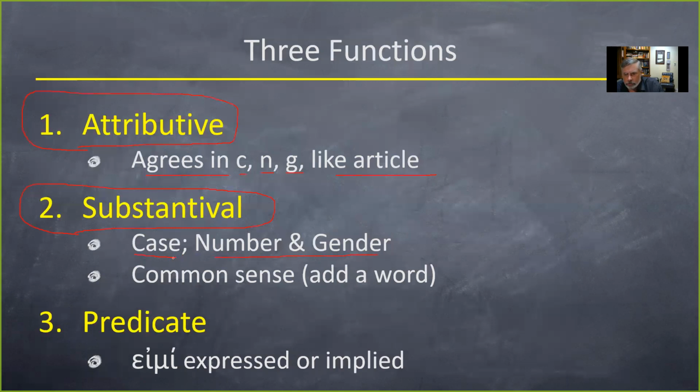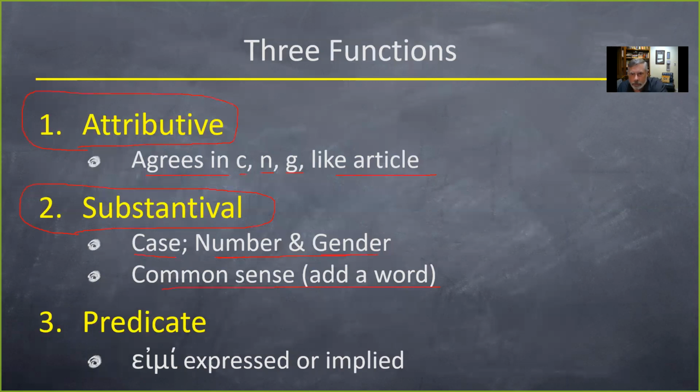You'll see that in a moment. So its case would be nominative, its number is singular, its gender is masculine. Basically, oftentimes you'd have to, in common sense, add a word like the good, or the good what? Well, it's a subject. Because it's masculine, singular, it'd be good man. If it was masculine plural, it would be good men. If it was feminine, it might be the good woman, or whatever the context will determine.